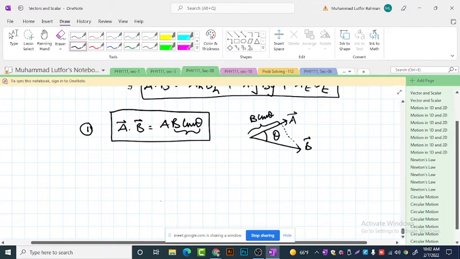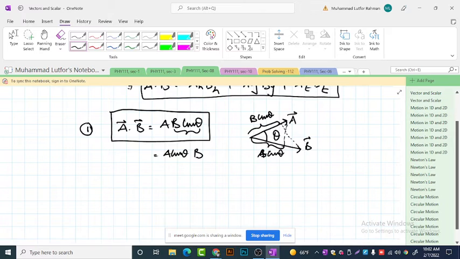Or I can write this in a form which would be a cos theta into b, the same thing. Now a cos theta is the component of vector a along the direction of vector b. We will find that in a form.